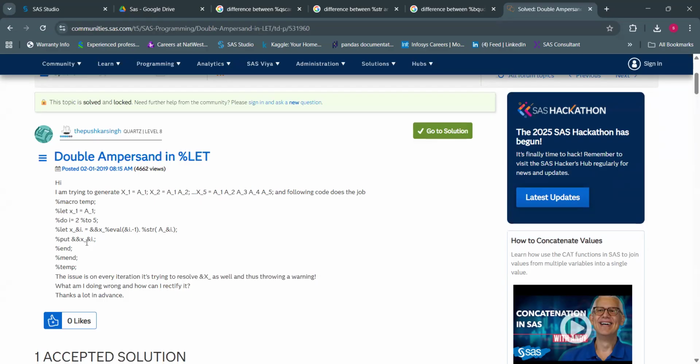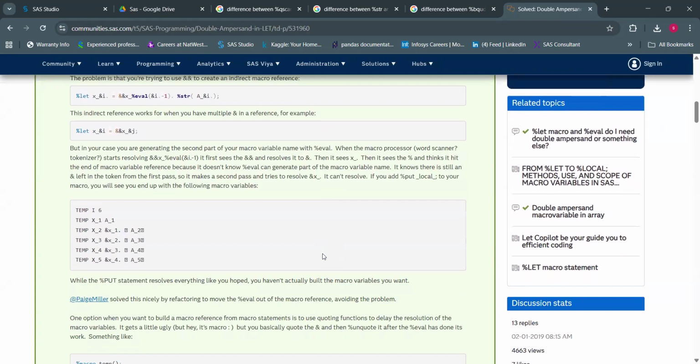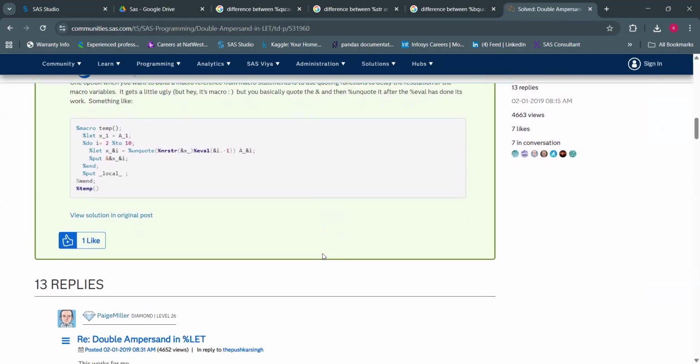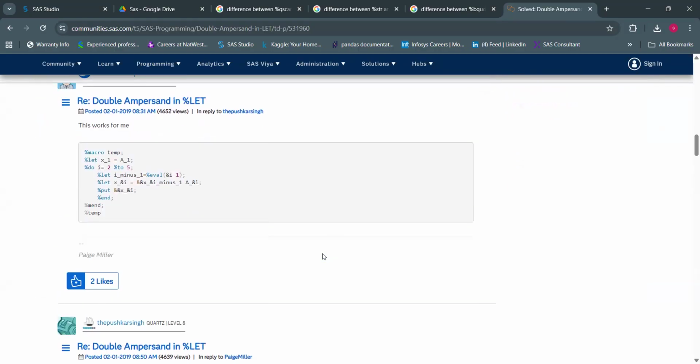The usage here depends on... I don't see any particular example. Okay, let me use this one.